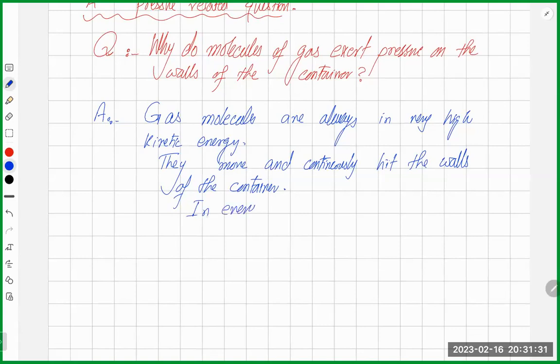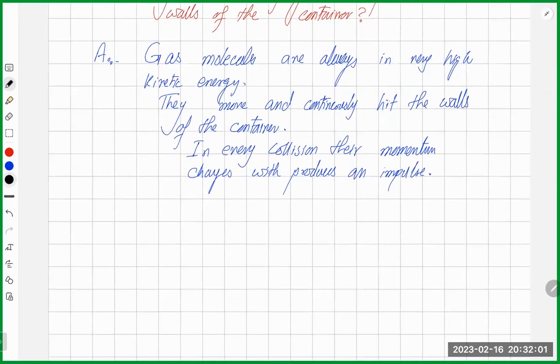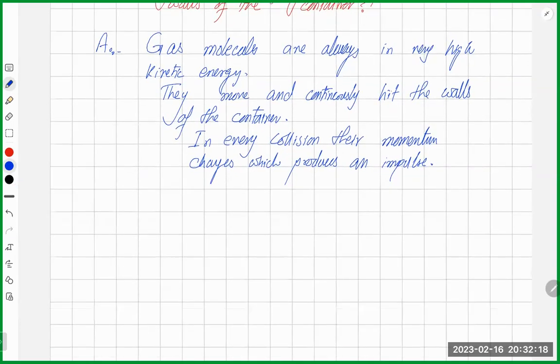In every collision, their momentum changes, which produces an impulse.